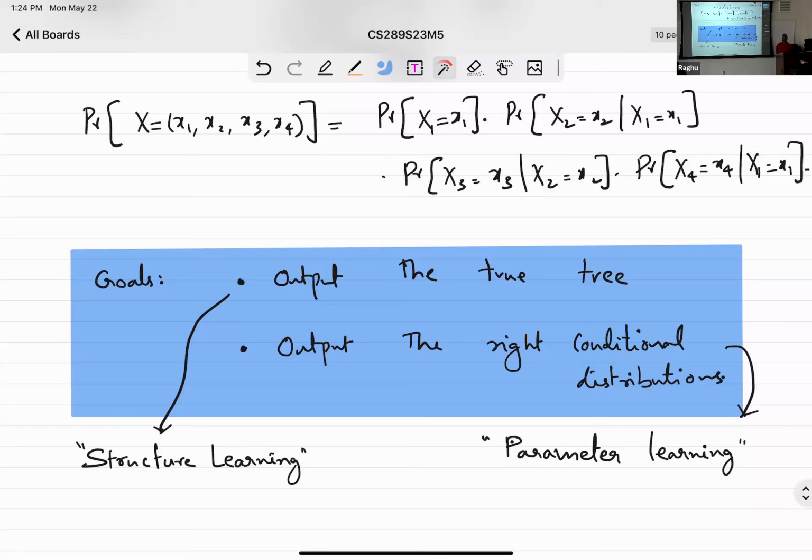Even if I'm tossing a coin and I want to estimate its bias, and if I only have a finite number of samples, I can't know the bias exactly. I'll only learn it up to some error. But defining error now is a little bit complicated because we're talking about distributions. If you're talking about numbers or predictors, real numbers, you can define a loss function and then just compare them and so on.